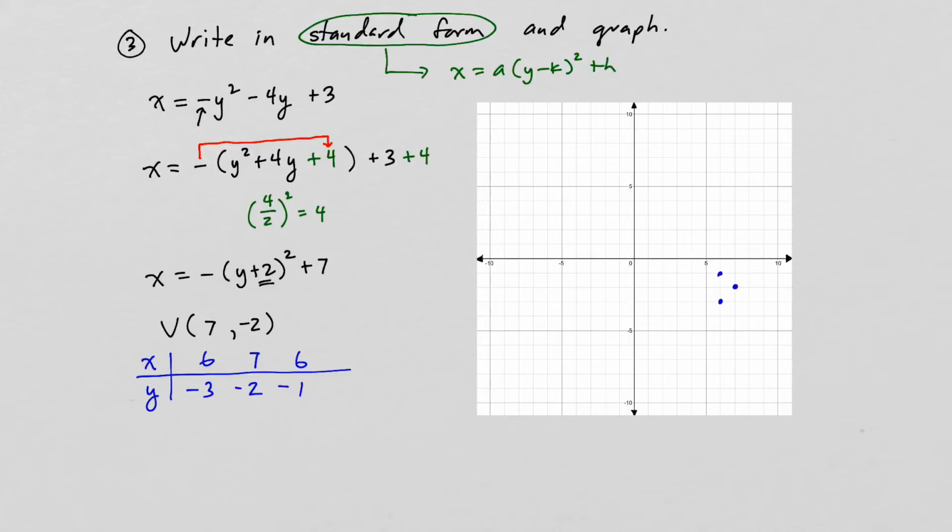If you wanted to get a couple more points, you can. I'll just show you what those points look like. If y equals 0, for example, we'll get 3. And if y equals -4, we'll also get 3. Finally, the graph of this parabola is going to look something like this.